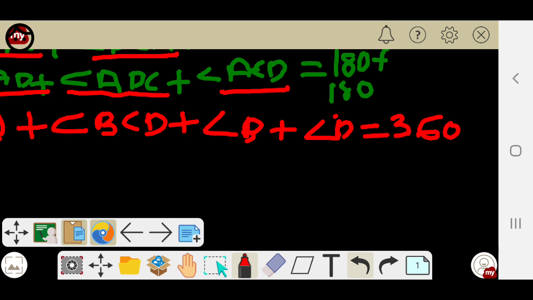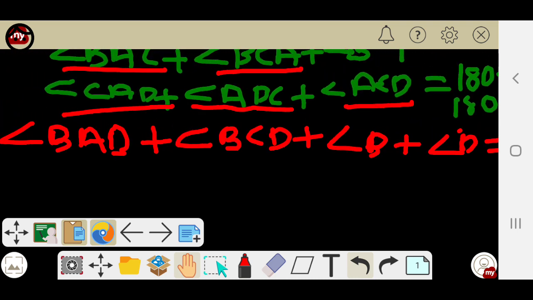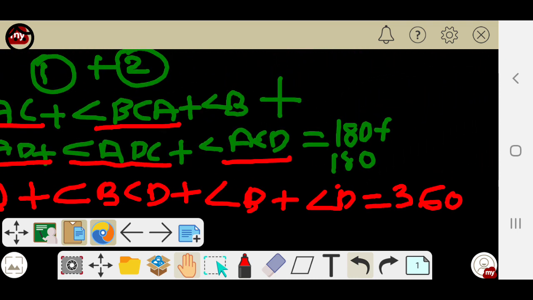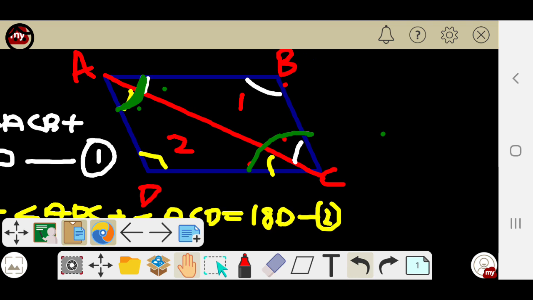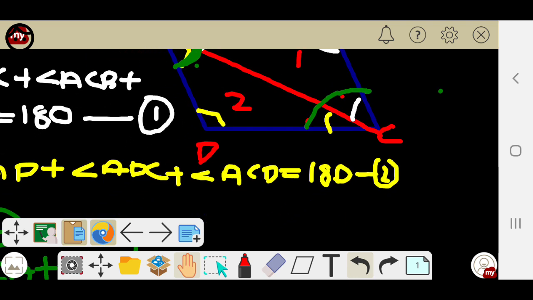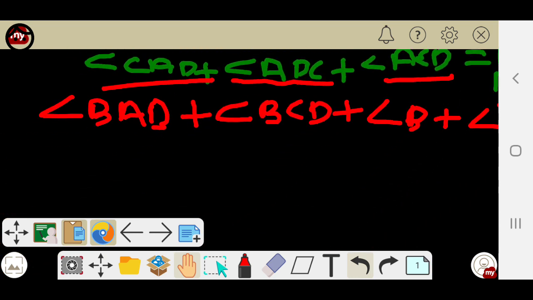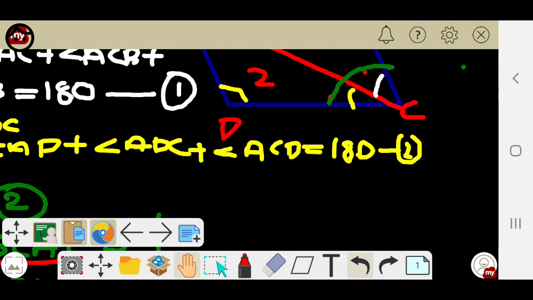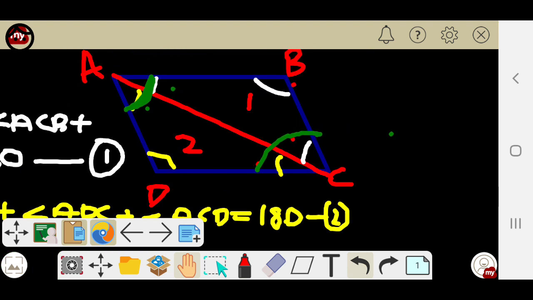Okay. Then angle BAD in the figure is the same as angle A. We can represent an angle by 3 letters or 1 letter. So this one is the same as angle A. Same way, angle BCD we can represent by angle C.